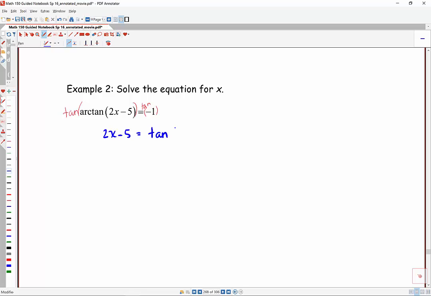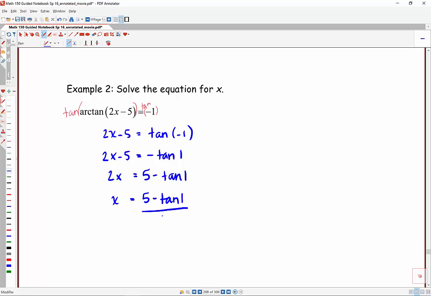So 2x minus 5 will equal negative tangent at 1. That's a negative angle identity. Isolating x, if we add 5 to both sides, we'll get 2x is 5 minus tangent at 1. And dividing by 2, we'll get x is 5 minus tangent at 1, all over 2. Good so far? And that's the exact answer.